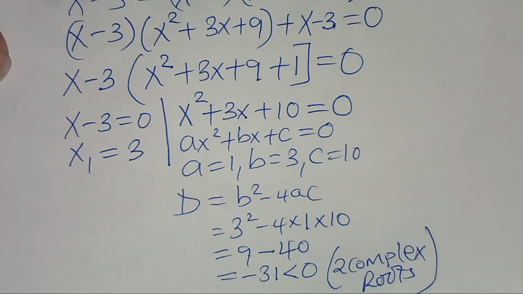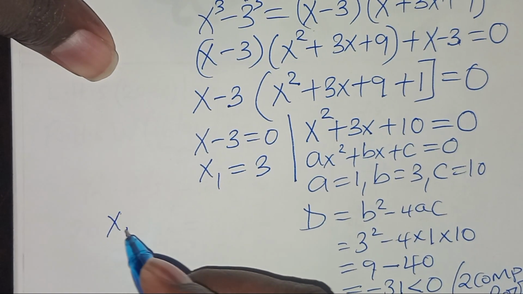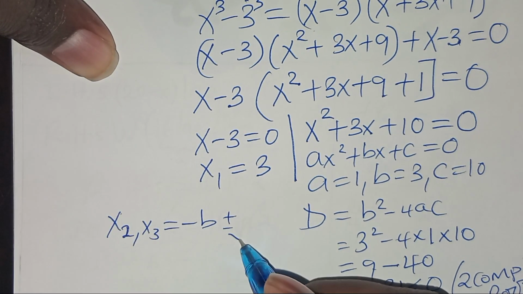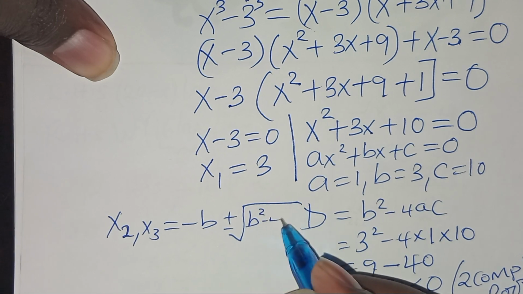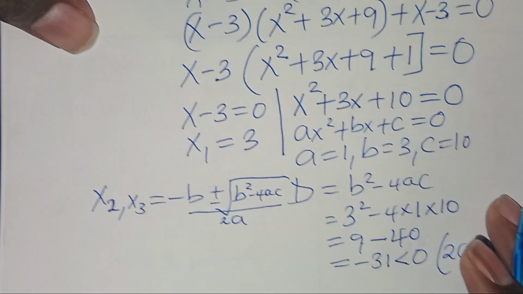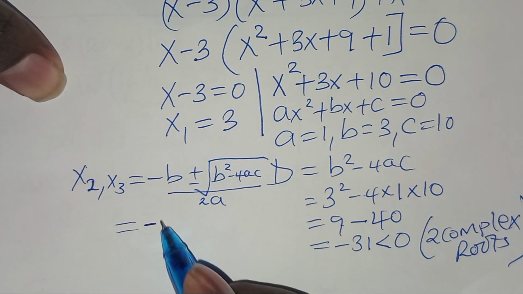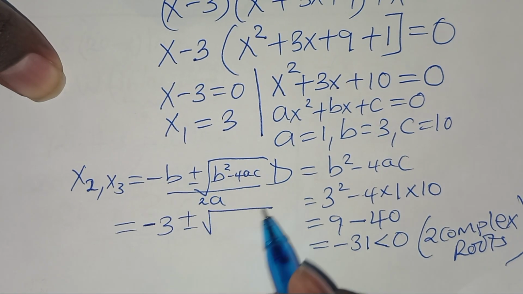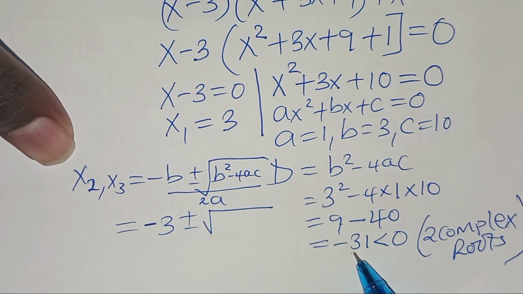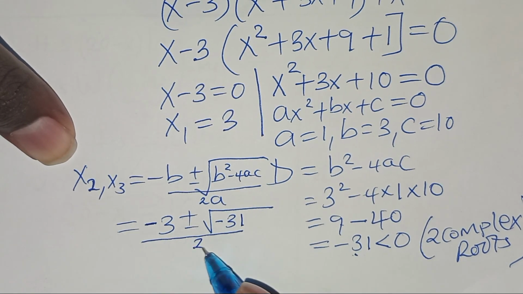Let's solve for these two complex roots, x2 and x3, by introducing the quadratic formula. This is negative b plus or minus the square root of b squared minus 4ac, all divided by 2a. Now let's substitute the values of a, b, and c. We have negative 3 plus or minus the square root of negative 31, divided by 2.